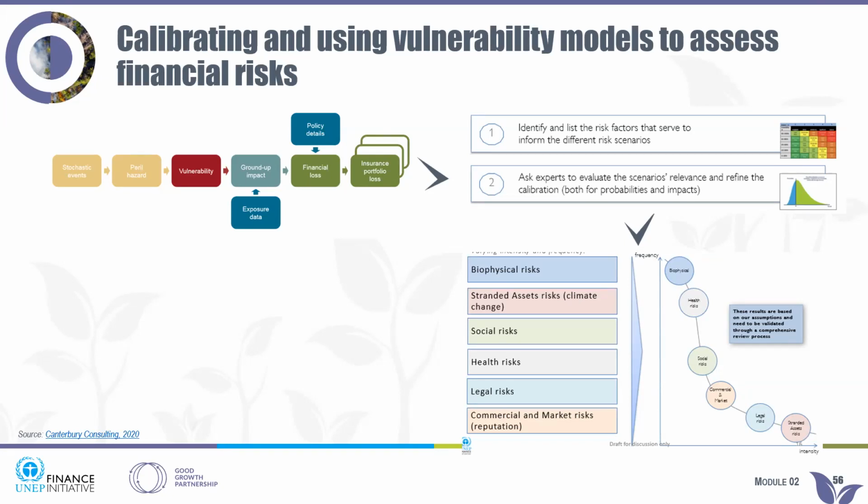Again, shown on the slide, which is borrowed from one example assessment that UNEP-FI carried out for the palm oil sector, you can see, on the right-hand side, bottom part of the slide, that the biophysical risk factor has been calibrated to represent a peril that has high frequency, meaning a high probability of occurrence, but a small severity.